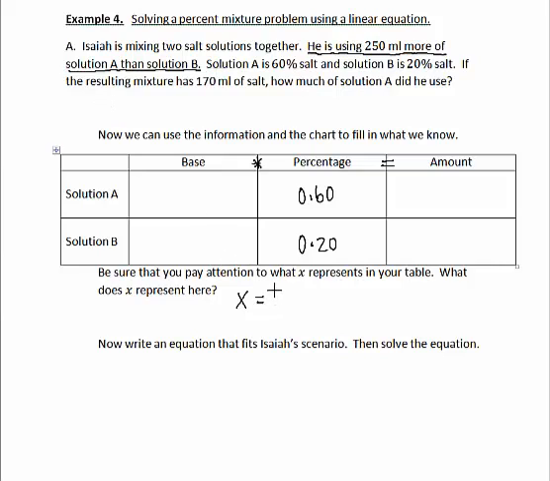So what we'll do is we'll write x is the base of solution B. So we replace the base, solution B, with x, and then we write for solution A, x plus 250.